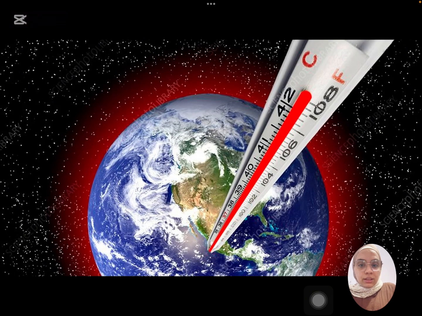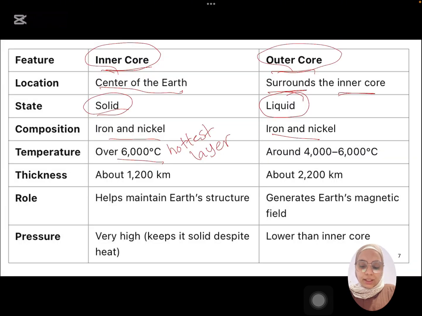As you go closer to the center of the earth, the temperature increases. So as you go inside the earth, the temperature increases. So which layer of the four layers is the hottest layer? The inner core. Yeah, you are right. What about the role of each core?